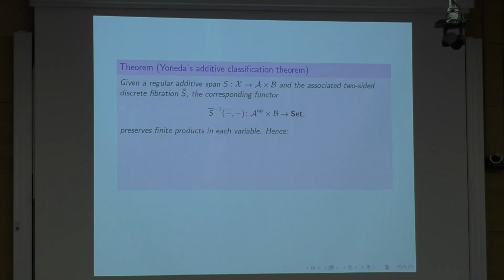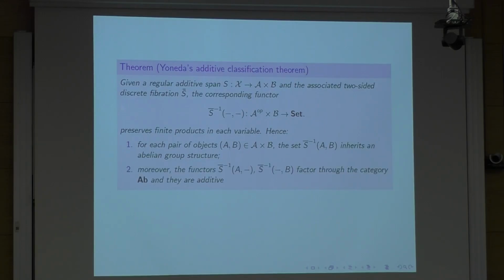So the factorization is the same, but starting from a regular additive span, the corresponding functor to the two-sided discrete fibration preserves finite products in each variable. Hence, thanks to this property, you can prove that for each pair of objects, A and B, the set S bar minus 1 AB inherits an abelian group structure.